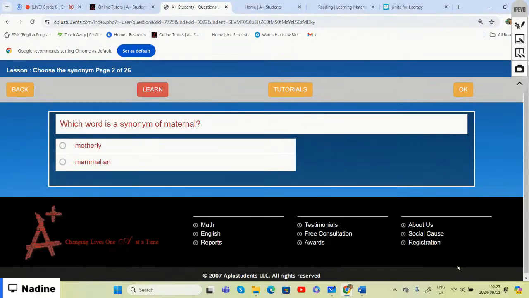Maternal. Motherly or mammalian. And if we were to find the meaning or the word that's the same as or almost the same as maternal, we can say it is motherly. It's maternal, motherly, because it's related to a mother.